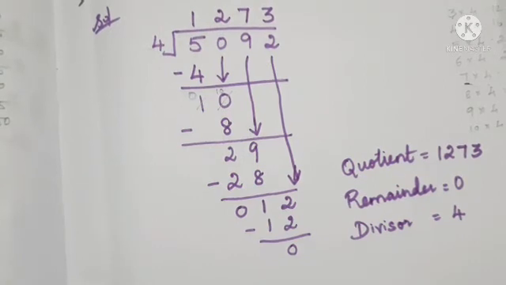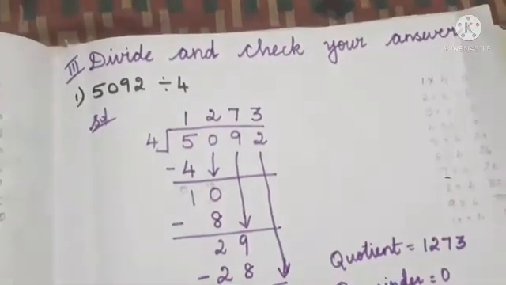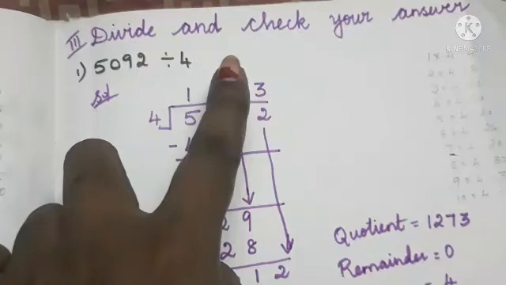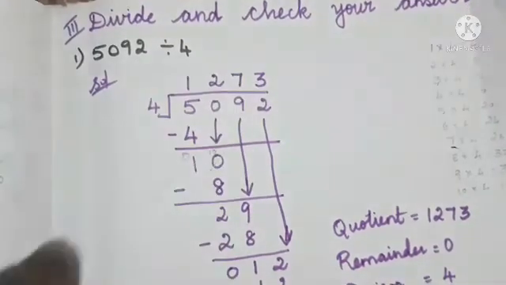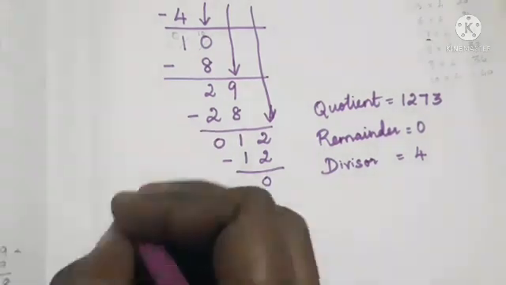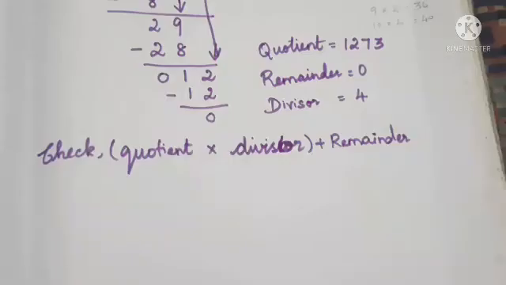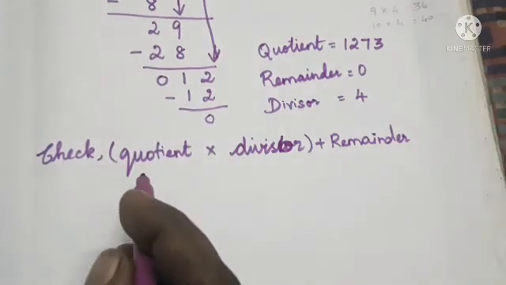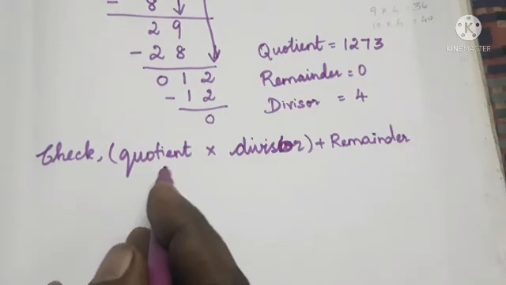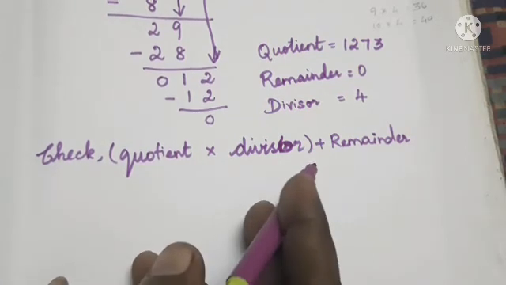So the first step is what they ask: divide and check your answer. So the division is over. Next we have to check the answer by using the formula. So we have the formula for the checking process. We can write it, check. The formula is quotient multiplied by the divisor plus remainder.